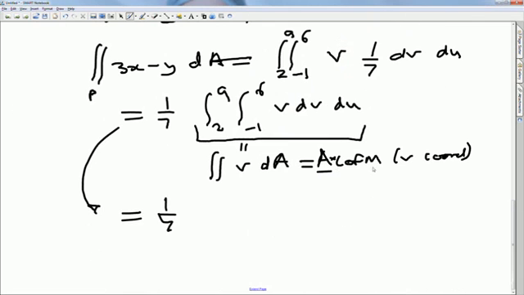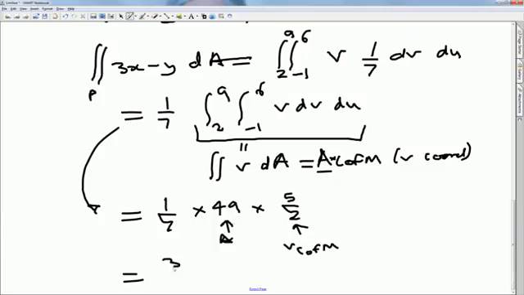So the area would therefore be 49. Then multiply this by the v coordinate of the centre of mass, and just do the product. So 1/7 of 49 gives you 7, times 5 on 2 gives you 35 on 2, which is the answer.